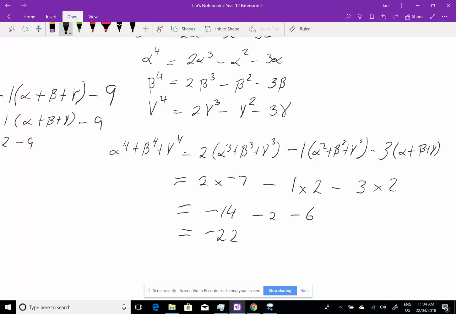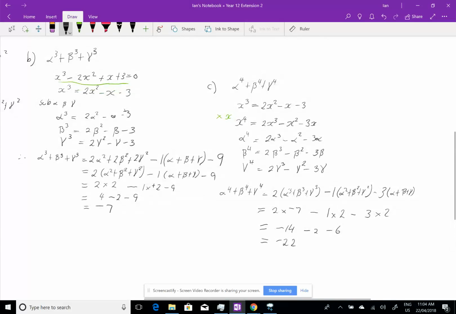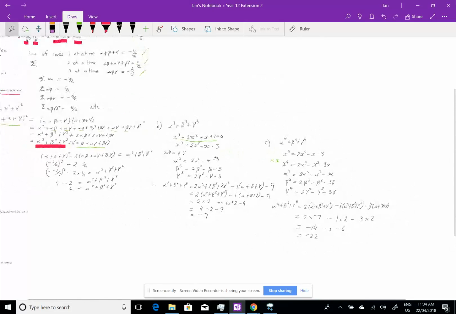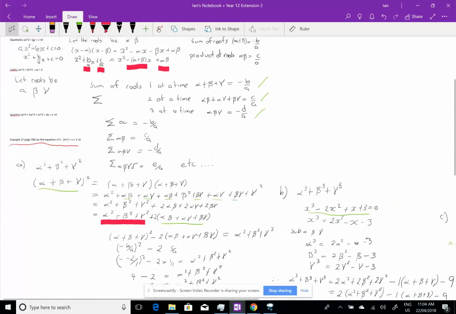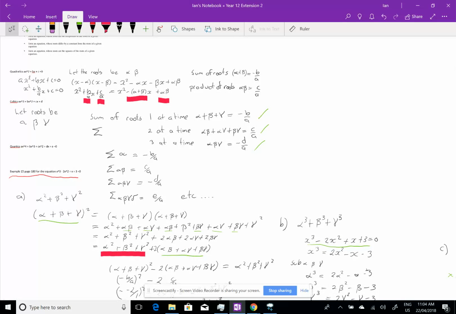So there are two tricks for doing the roots cubed and the roots to the power of 4. But the main thing is all of this really hinges on what you already knew from before. The sum of the roots 1 at a time, the sum of roots 2 at a time, the sum of roots 3 at a time, and so on as you progress down any polynomial.